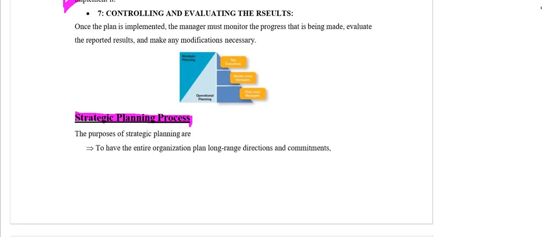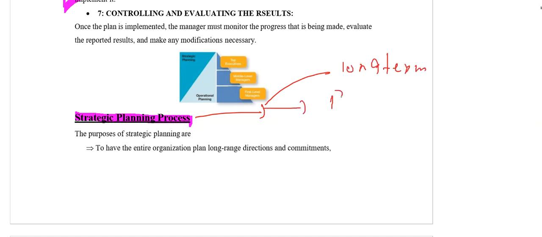And as I have told you earlier, when we involve strategic planning, we have to keep 2 things in mind. Number 1, it should be long term, and it should cover the entire organization.